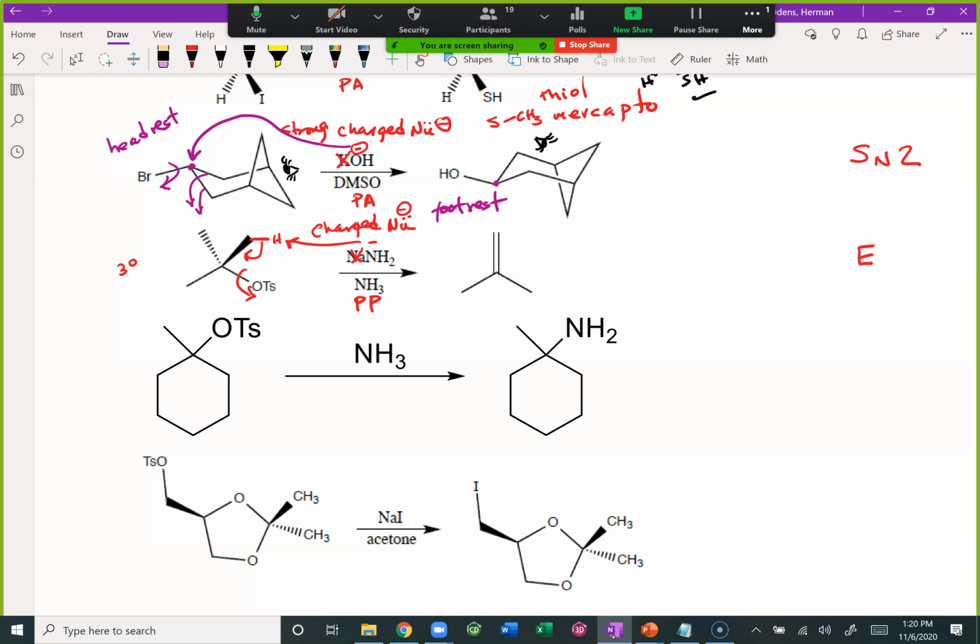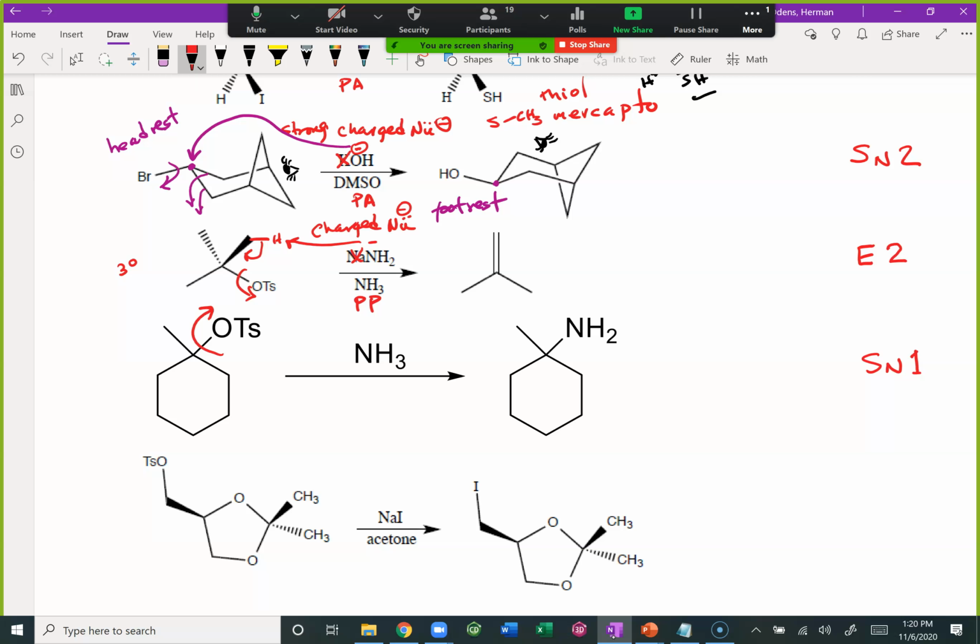So when you have only the solvent as your nucleophile, immediately you have to say, oh, this is solvolysis. And solvolysis means what? Solvolysis was SN1 or 2? 1.